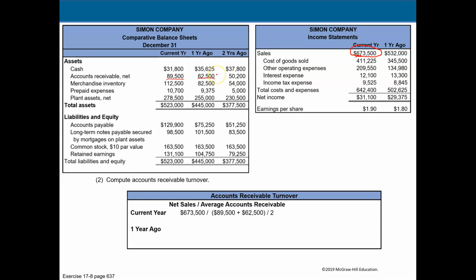So what they had on December 31st a year ago is what they started with January 1st of the next year. Add the 2 up, divide by 2, and you get an average of $76,000 for accounts receivable. Then divide those 2 numbers and you get 8.9 times.